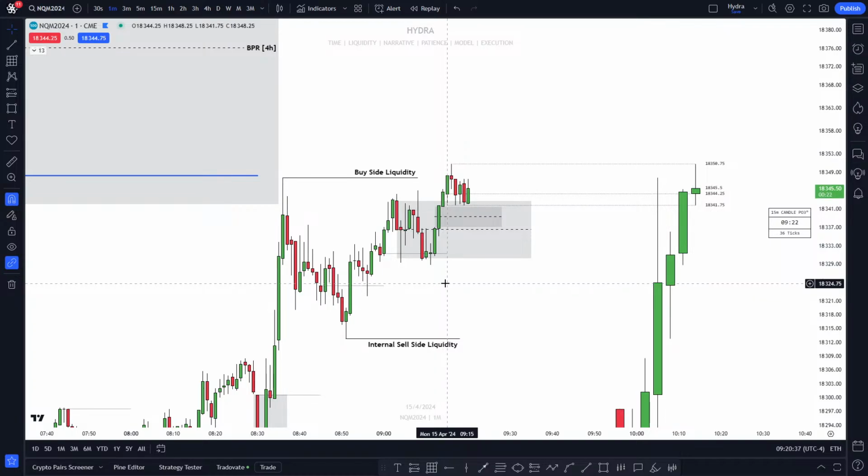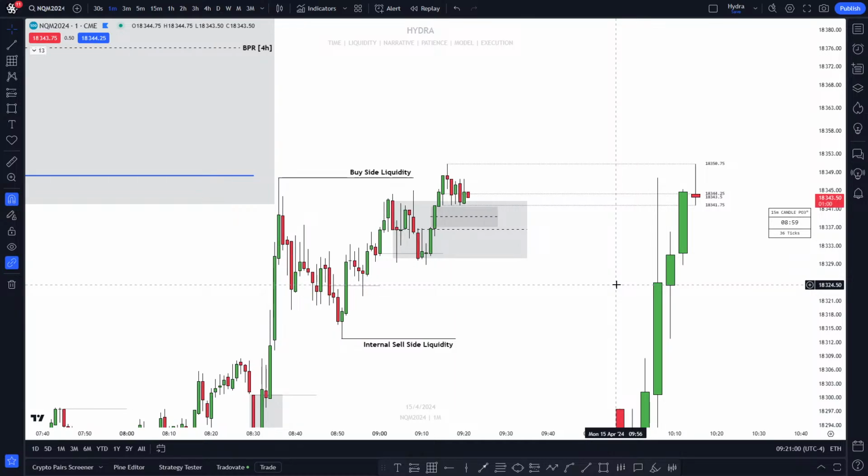We're trading inside our macro now. See how price left equal highs.